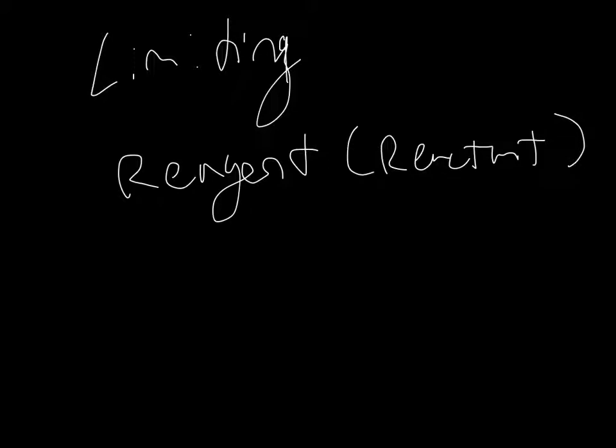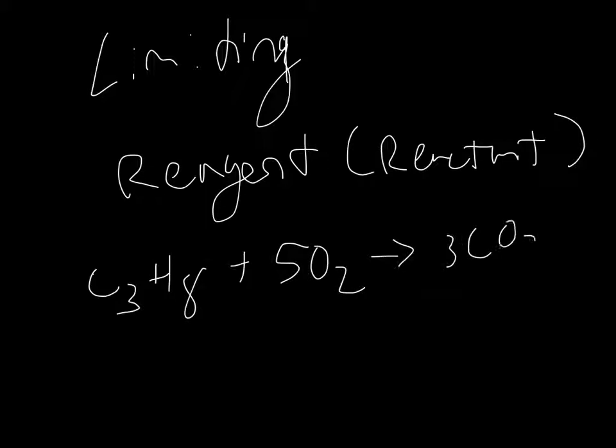The basic idea of it is, let's say you have the equation that we had from last problem, C3H8 plus 5O2 makes 3CO2 plus 4H2O.